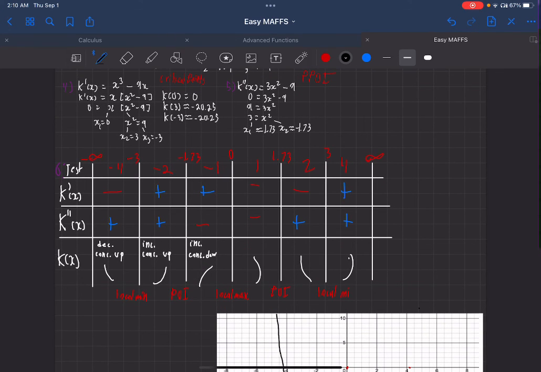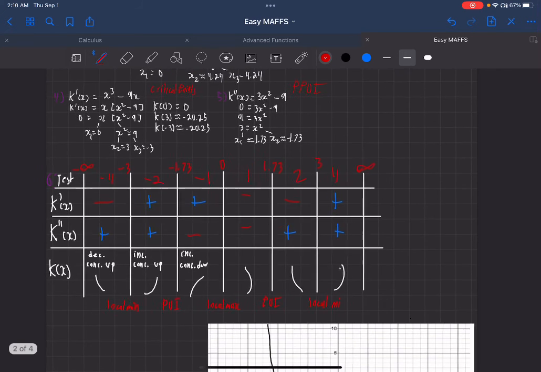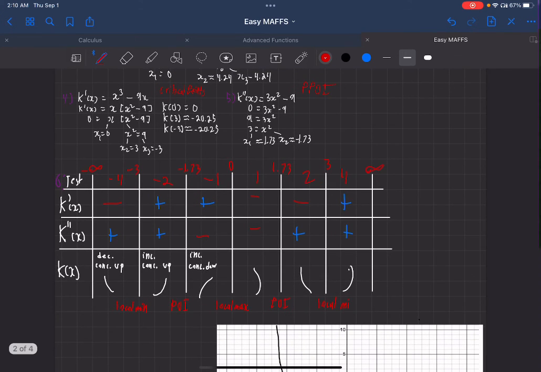So let's just label them real quick. K of 1.73 and K of negative 1.73.